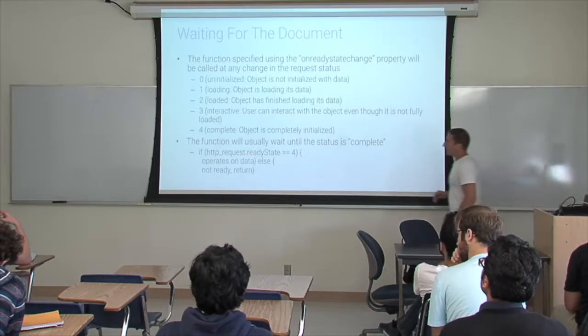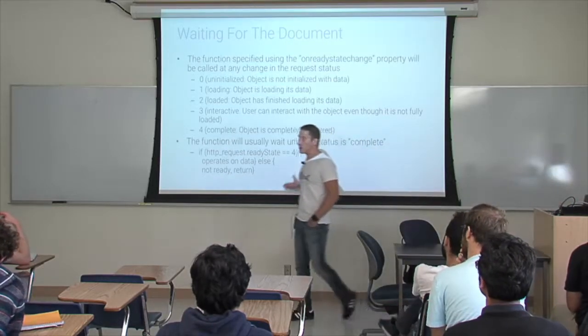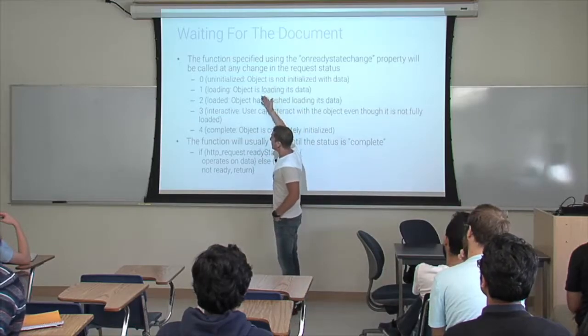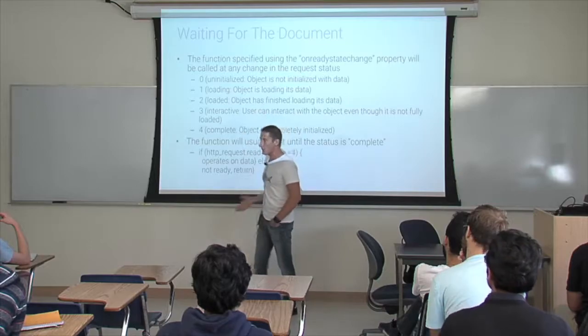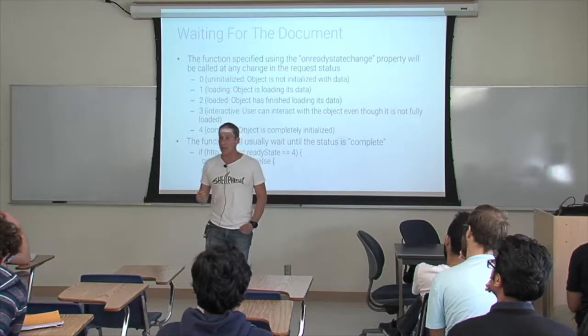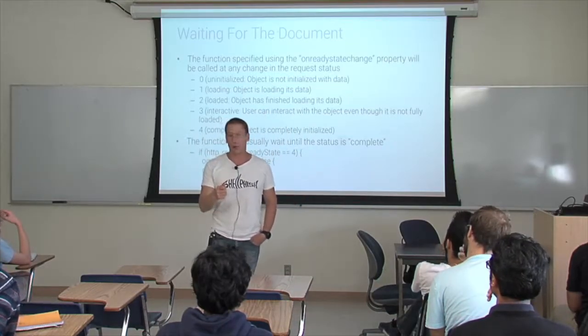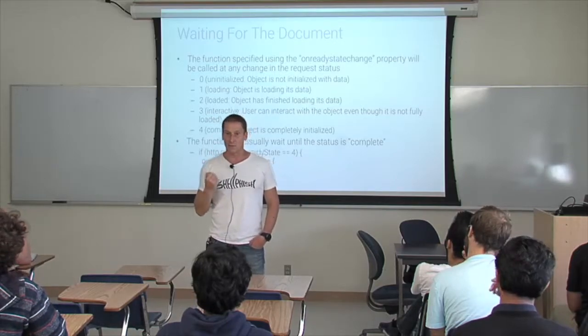Then the whole request that has been triggered goes through a series of states, from 0 to 1 to 2 to 3 and so forth. Every time the state changes, the function callback that has been set is invoked.